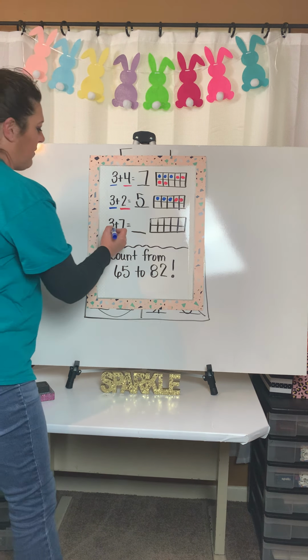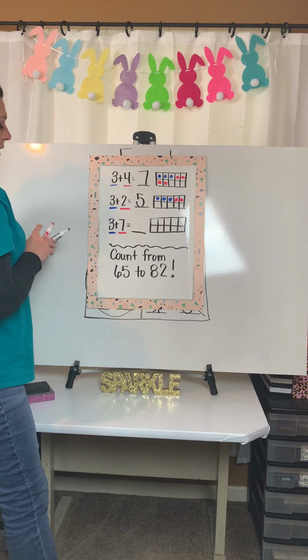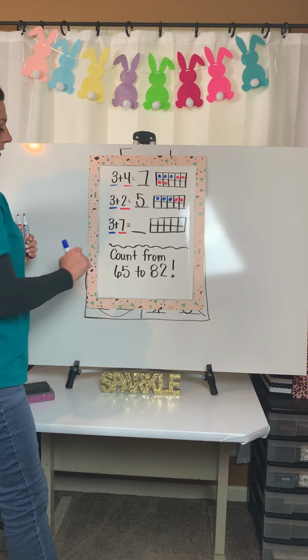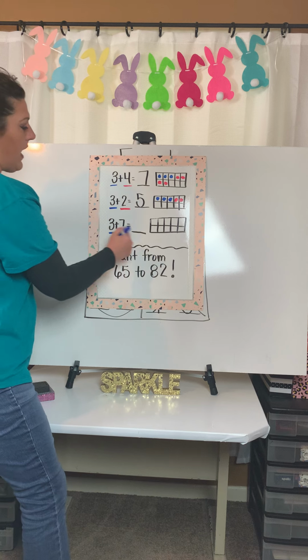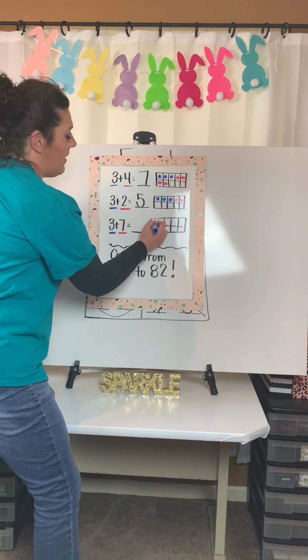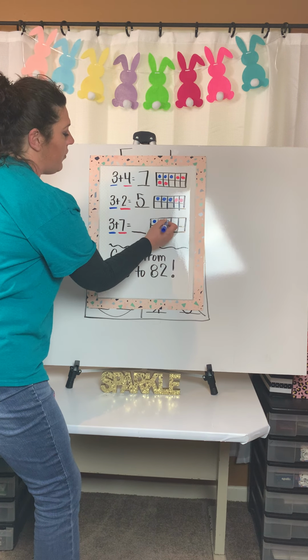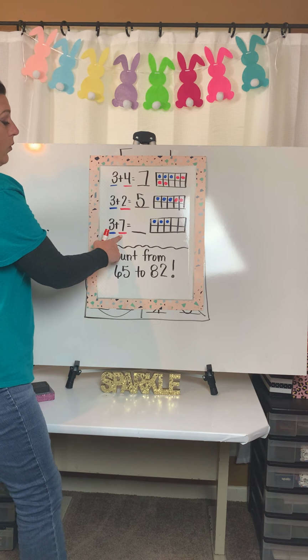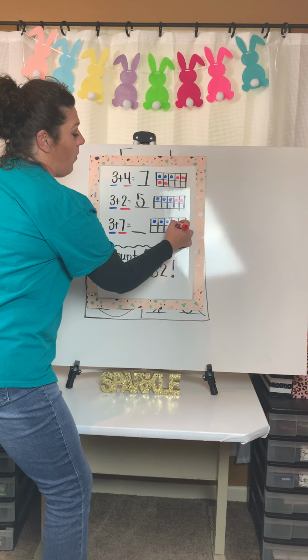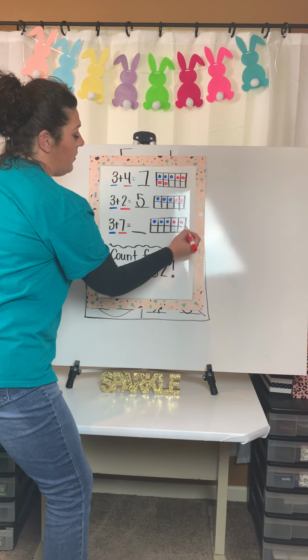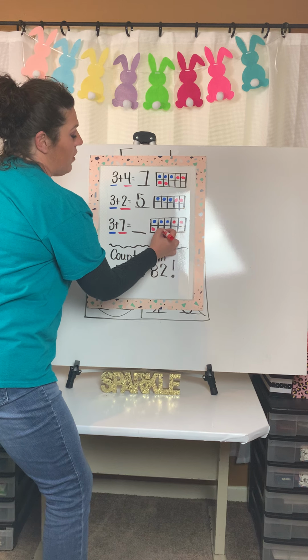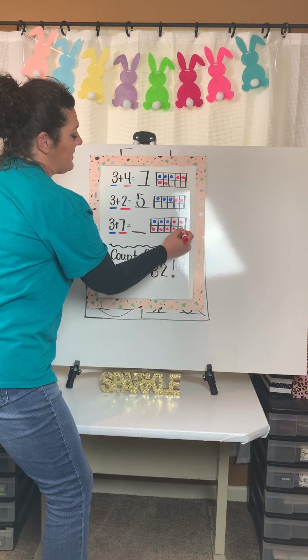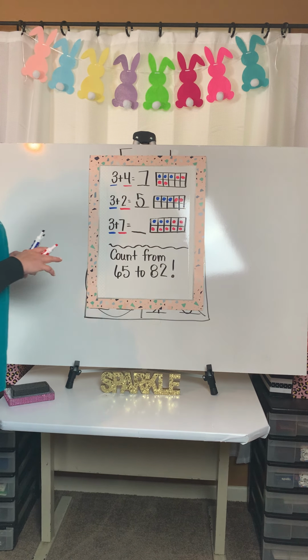All right, last addition problem, friends. We're going to do 3 plus 7. So how many blue dots do I need? I need 3, don't I? 1, 2, 3. And now I'm going to do 7 red dots. 1, 2, 3, 4, 5, 6, and 7.